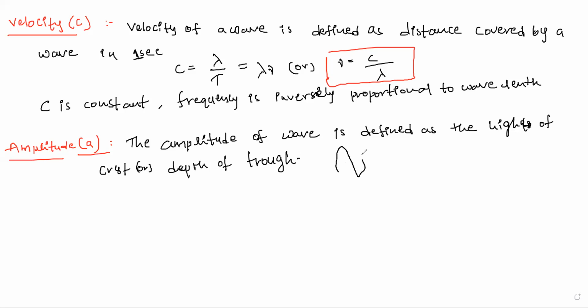For example, this is wave. This height of crest or depth of trough is known as amplitude. Okay.